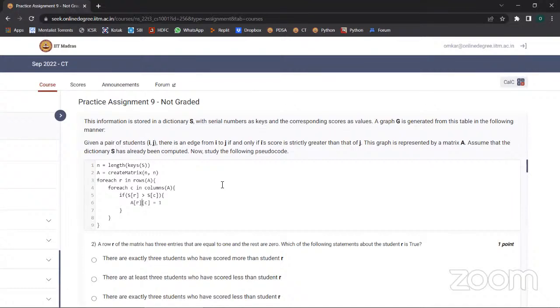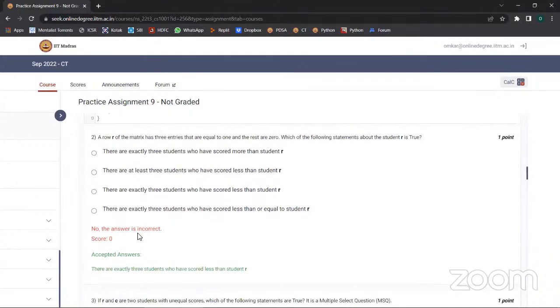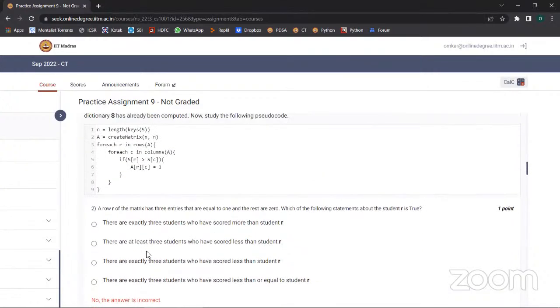But the question is saying, which of the following statements about R is true? I'm confused, because it stored the highest number, but how is the lesser stored? A row R of the matrix has 3 entries that are equal to 1 and the rest are 0. Which of the following statements about the student R is true?